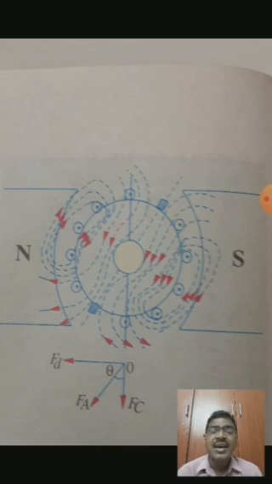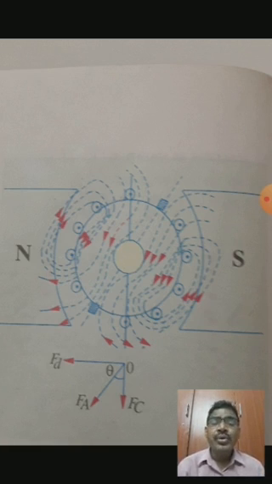Now the fluxes are crowded in the trailing pole tips, and not crowded in the leading pole tips. Here the armature MMF FA is divided into two components. One is FD and another one is FC. FD is called the demagnetizing component, and FC is called the cross magnetizing component.